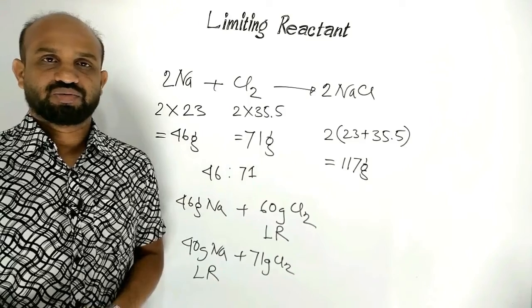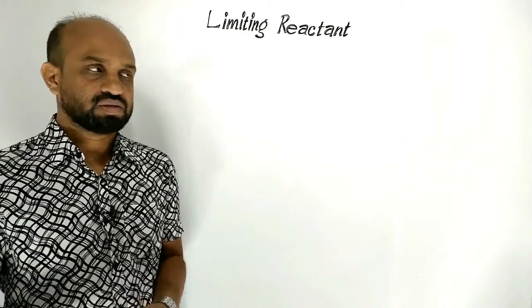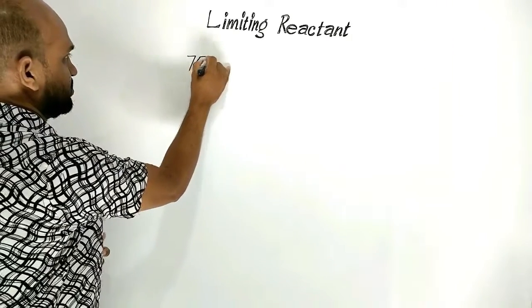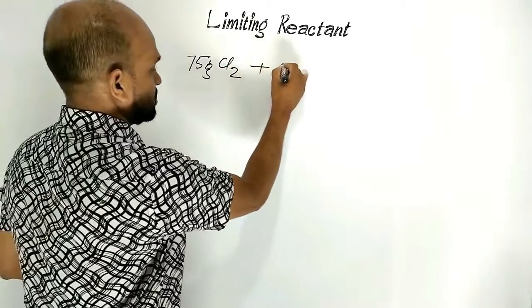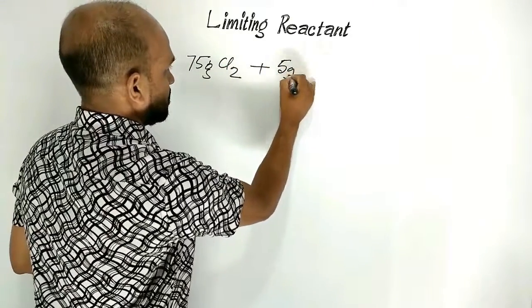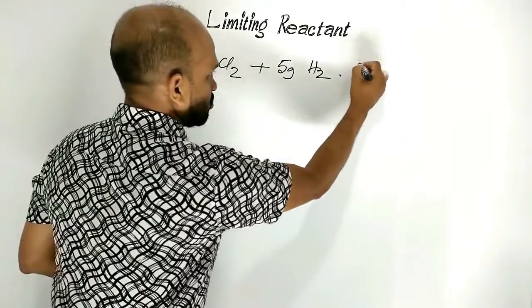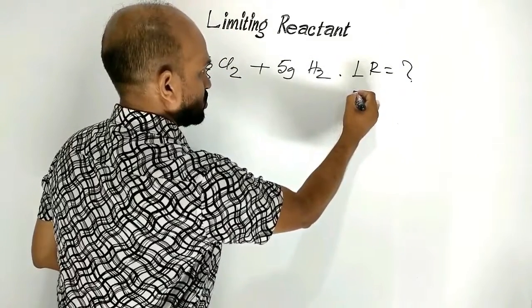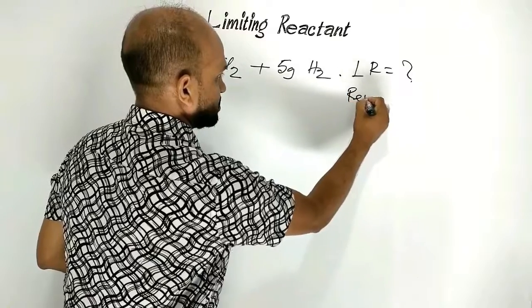Let's see one mathematical problem. Suppose 75 gram chlorine is mixed with 5 gram of hydrogen. Then what is the limiting reactant and which will be obtained as remains?